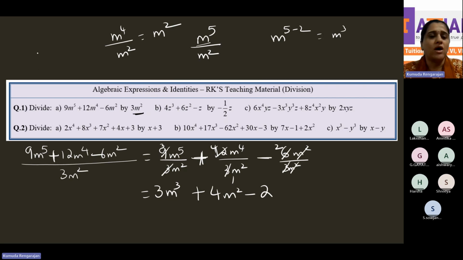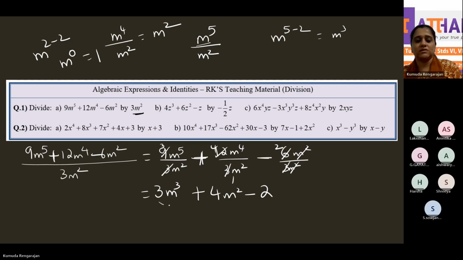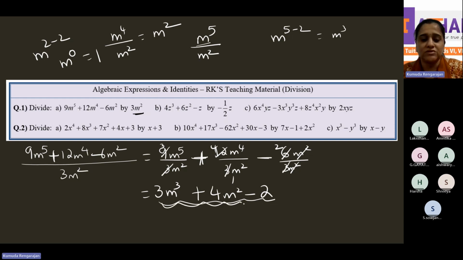They get cancelled, or using the law, 2 minus 2, m to the power 0. Anything to the power 0 is 1. Law of exponents. This is the answer. This is the quotient. On performing the division, this is the quotient. The remainder is 0. That's all.